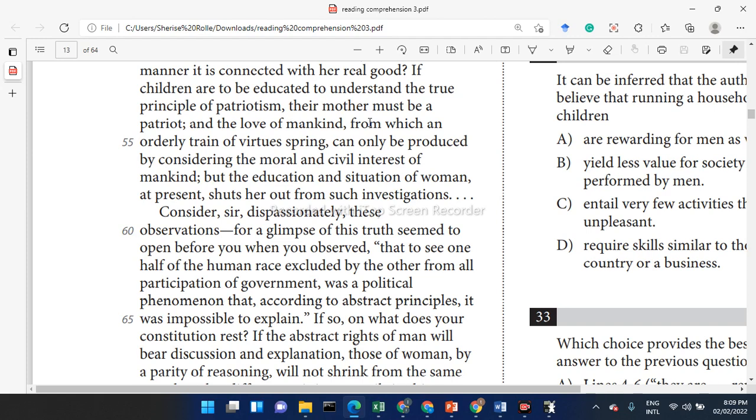can only be produced by considering the moral and civil interests of mankind. But the education and situation of women at present shuts her out from such investigations.